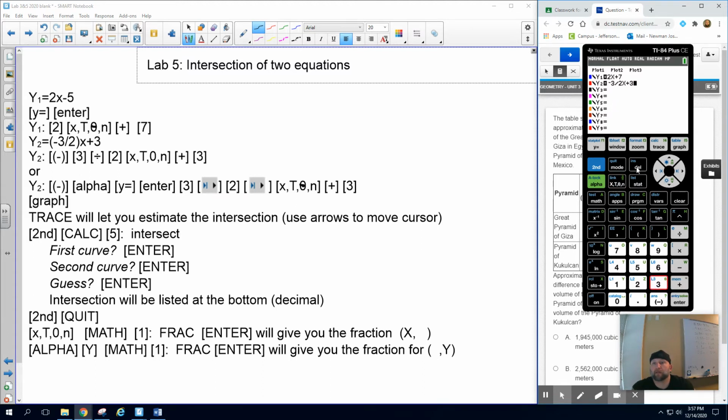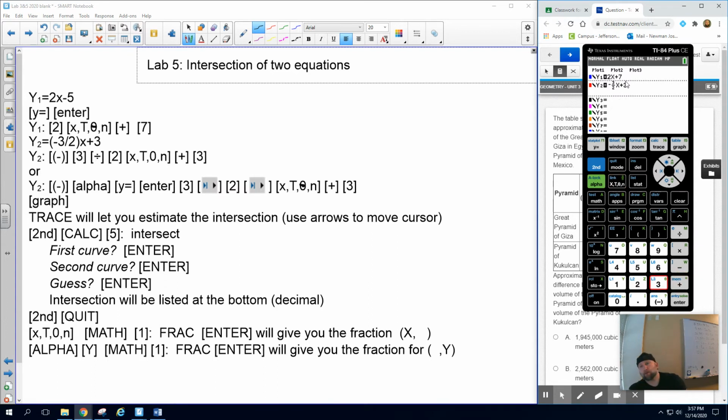or you can go ahead and clear that and you can use the fraction bar. So you would do negative, and then to do the fraction is alpha, y equals, enter. So now we can have a fraction of 3, and you can click the over button, 2, and then over, and the variable button plus 3.